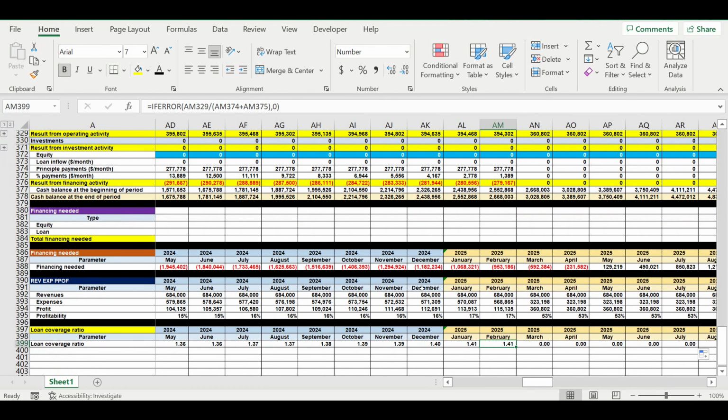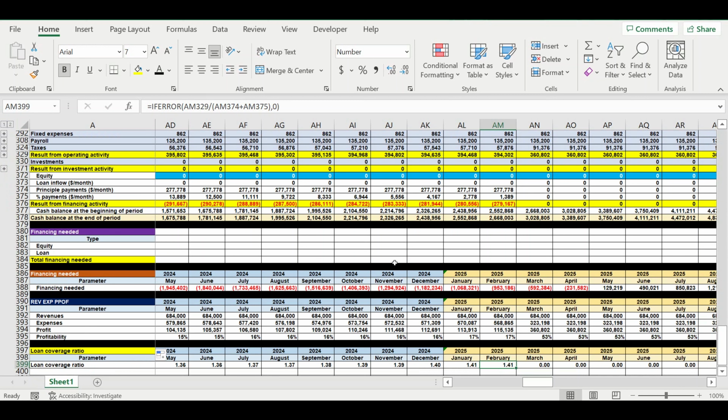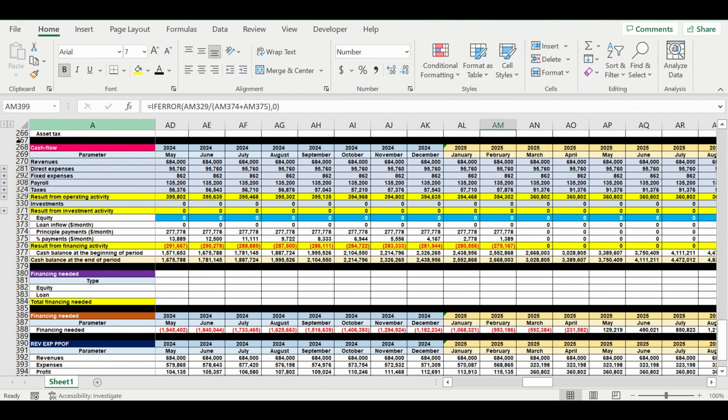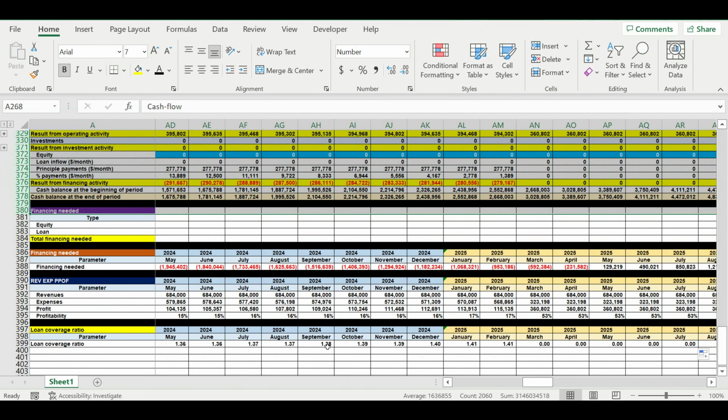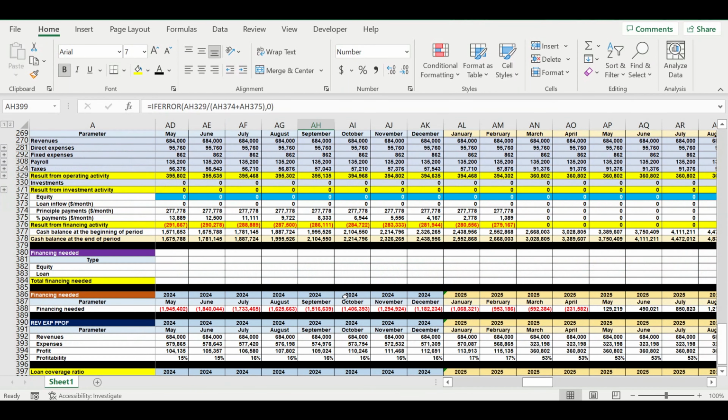Many people, when they have business ideas, as soon as they have their cash flow statement built, calculate this ratio, and very often they find that their profits are just a little bit higher than the payments to the bank, and they start rethinking their business concepts. For example, they may not want to take the amount of loan that they planned to take.